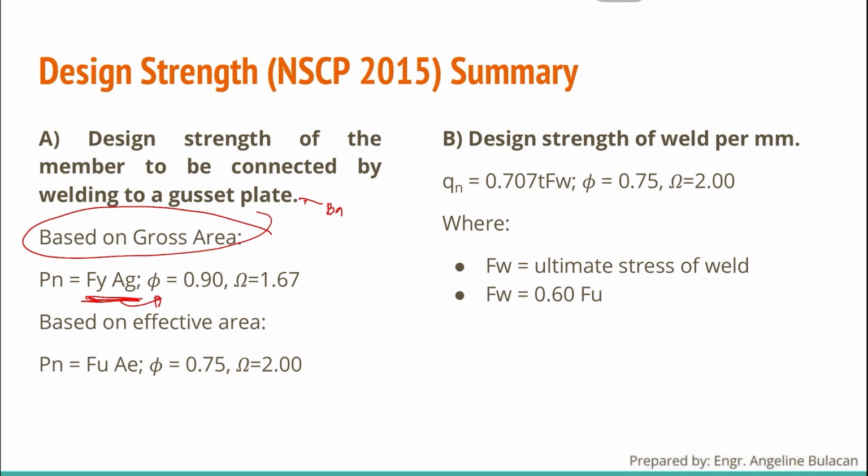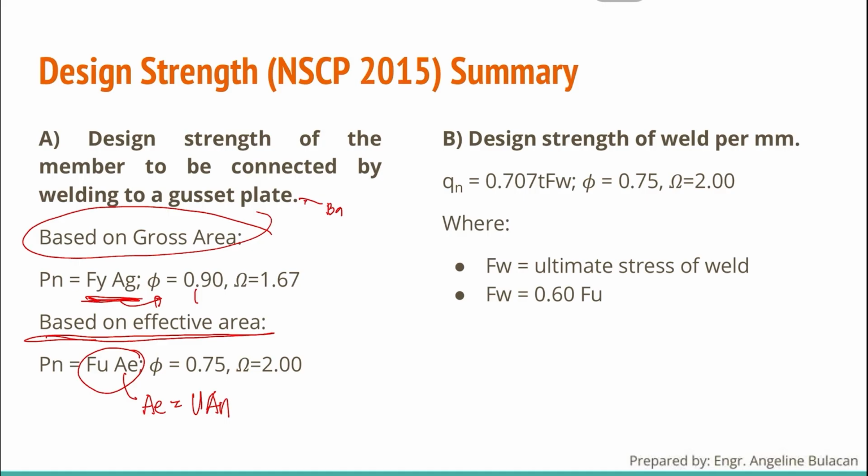Again, the reduction factor we use for LRFD is 0.90, while for ASD, the safety factor equals 1.67. Then, based on effective area, we use this formula: Fu times Ae, meaning the effective area equals U times An. The reduction factor is 0.75, while the safety factor is 2.